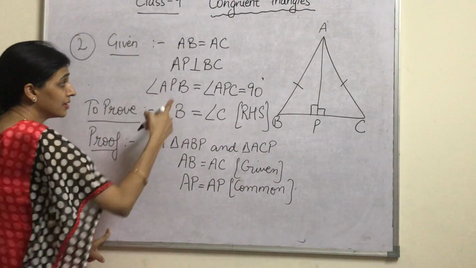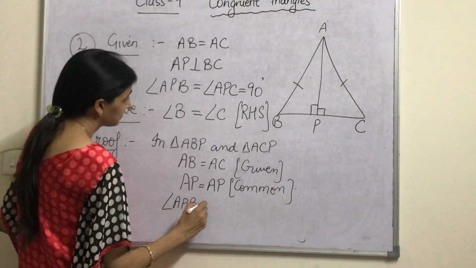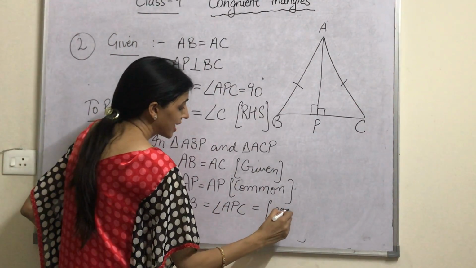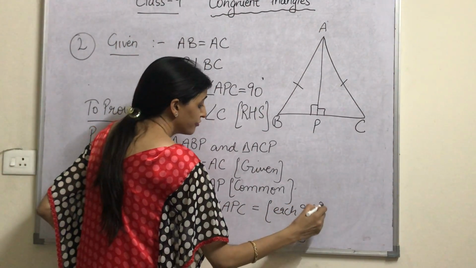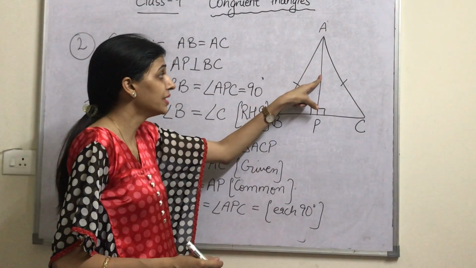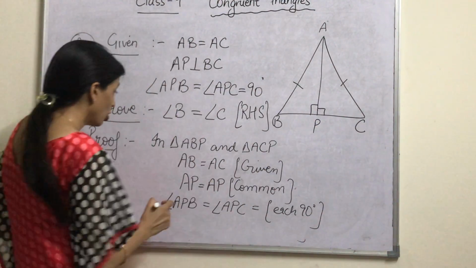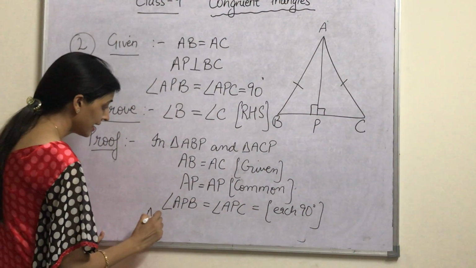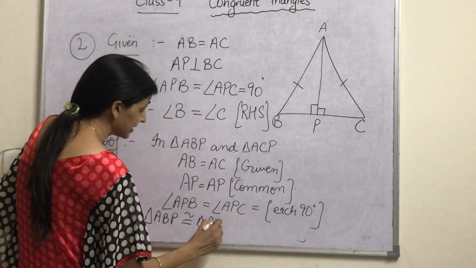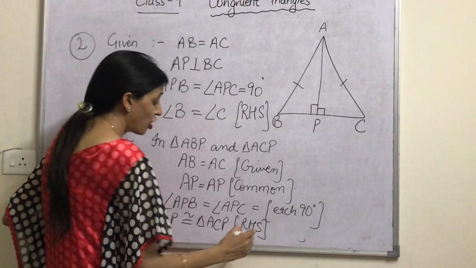One more thing, this angle equals this angle, each 90 degrees. Now look carefully. Hypotenuse, side, and this is a 90 degree right angle. So triangle ABP is congruent to triangle ACP with the help of the RHS property.